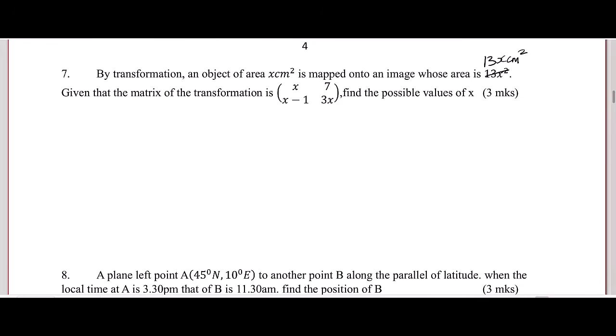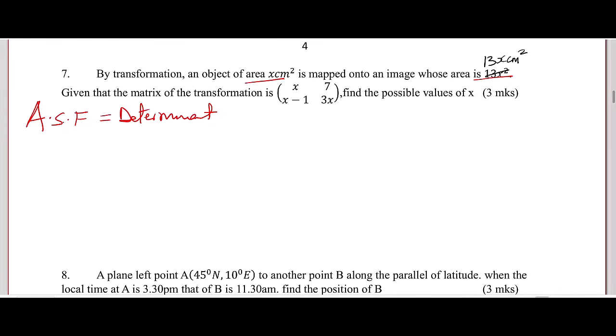So to solve this question, you require to have the concept, since you have the matrix of transformation, that area scale factor is equivalent to the determinant of the matrix of transformation. You can see you have the area of the object and you have the area of the image. That will give us the area scale factor.